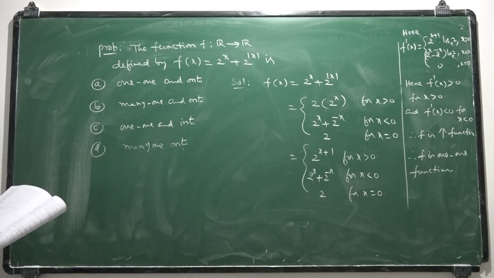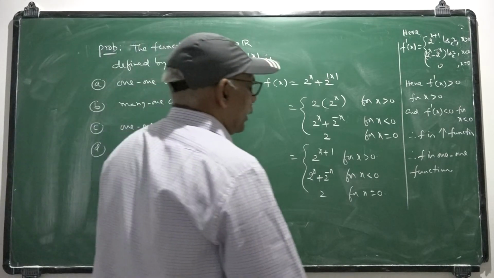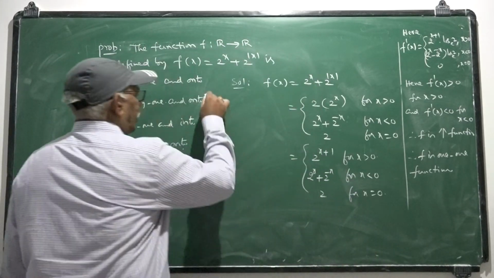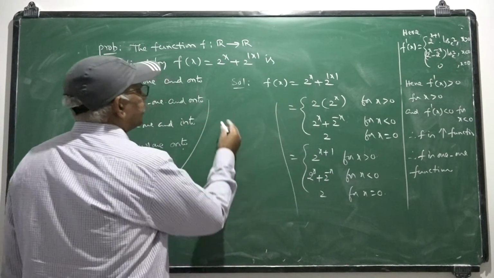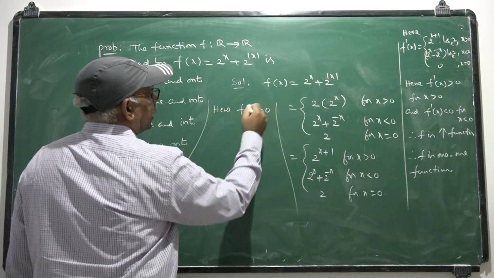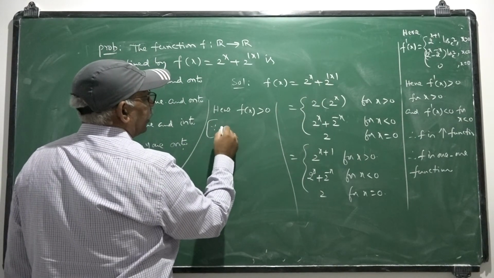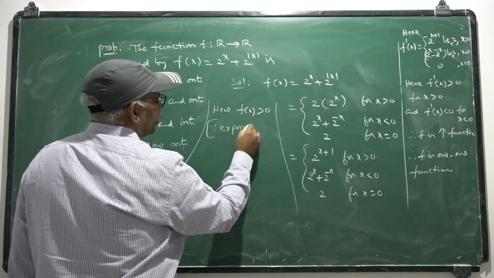Coming to range, to get the onto nature. Here f(x) is greater than 0 since exponential is positive.